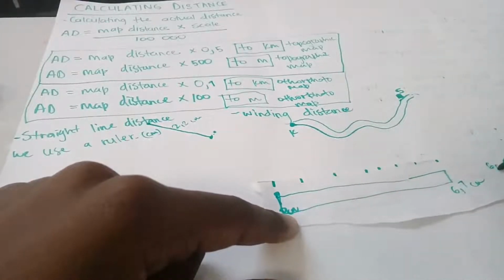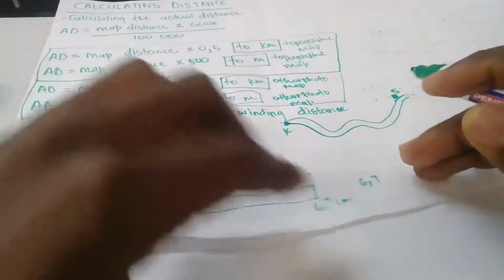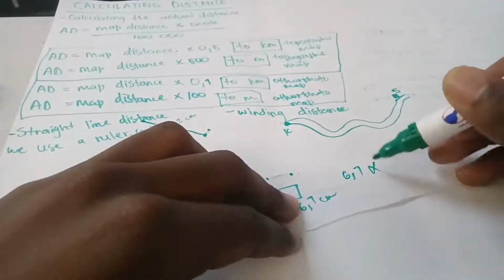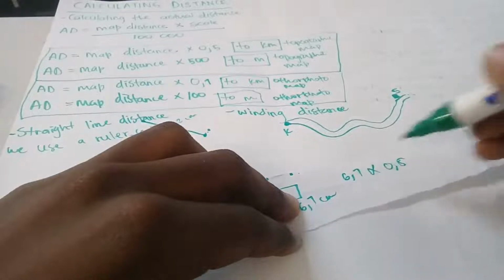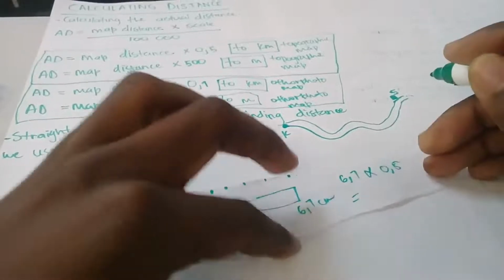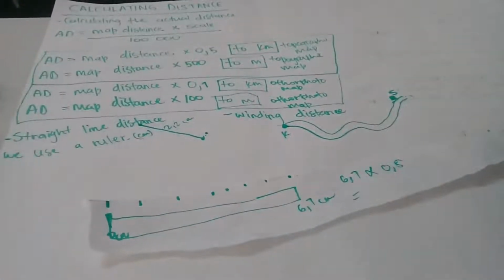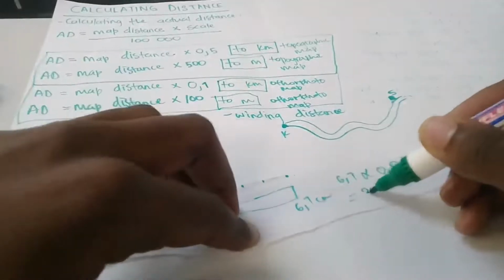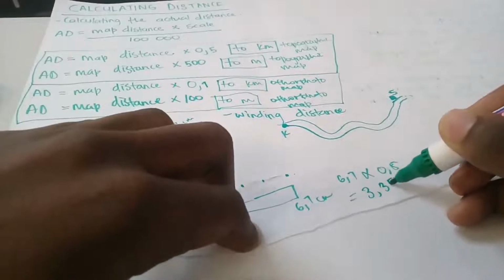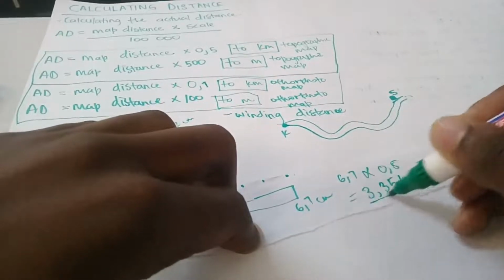Therefore, you multiply 6,7 by 0,5, and your answer is 3,35 kilometers.